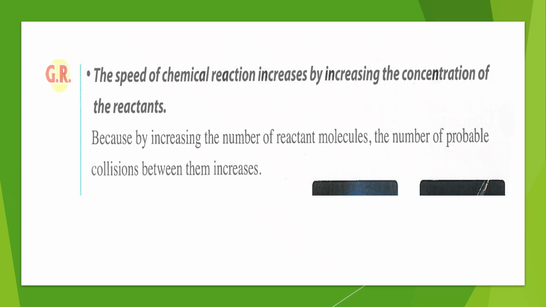So the answer for our question will be because by increasing the number of reactant molecules, the number of collisions between them increase, and for sure, the speed of the reaction will increase.